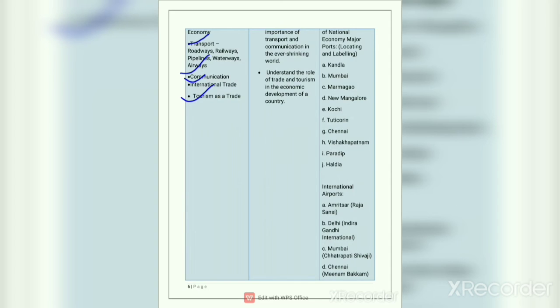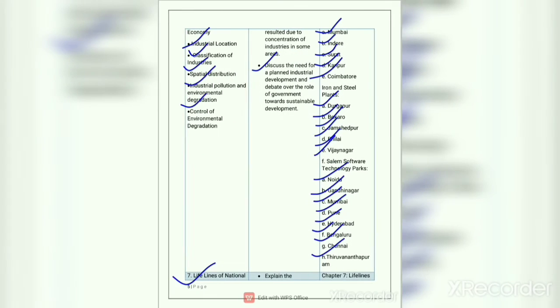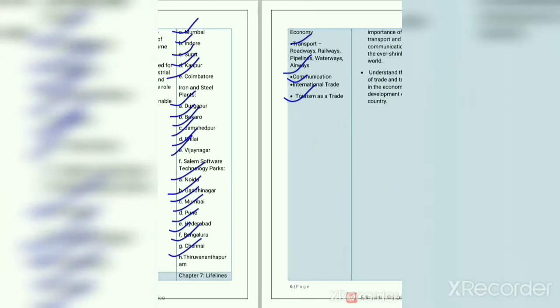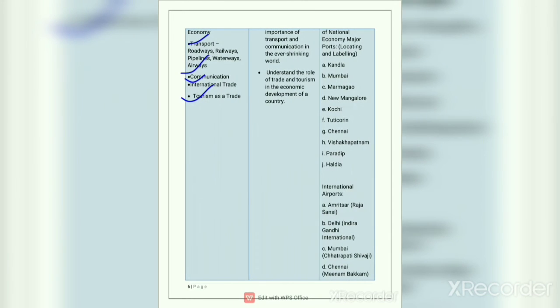The learning objectives of this chapter are that after reading this chapter you will be able to explain the importance of transport and communication in the ever shrinking world. And the second learning objective of this chapter is that you will be able to understand the role of trade and tourism in economic development of a country.